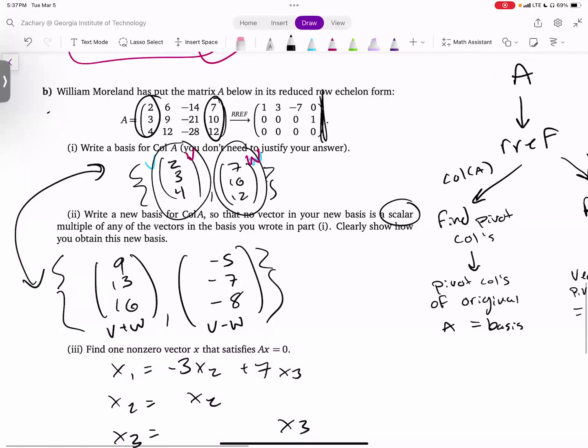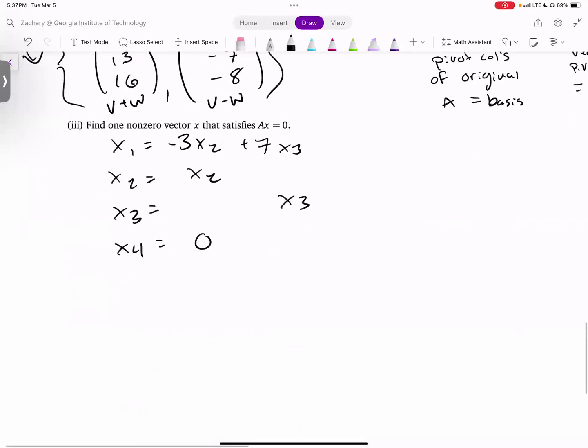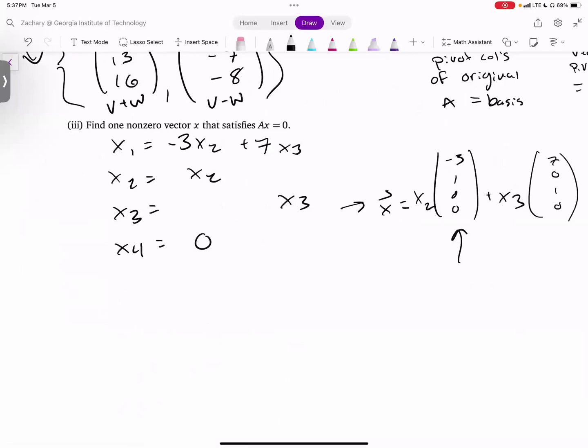If we augment this with zeros and solve for the null space, this gives us x equals x2 times (minus 3, 1, 0, 0) plus x3 times (7, 0, 1, 0).